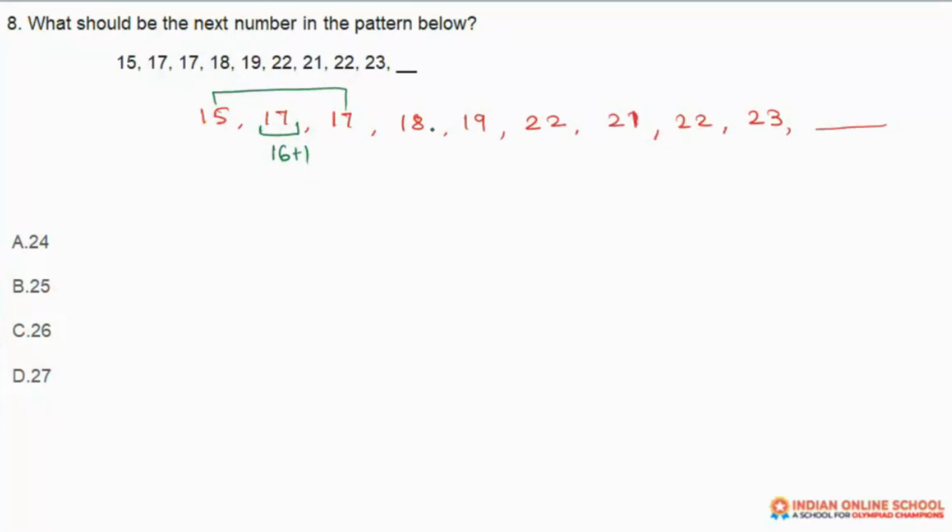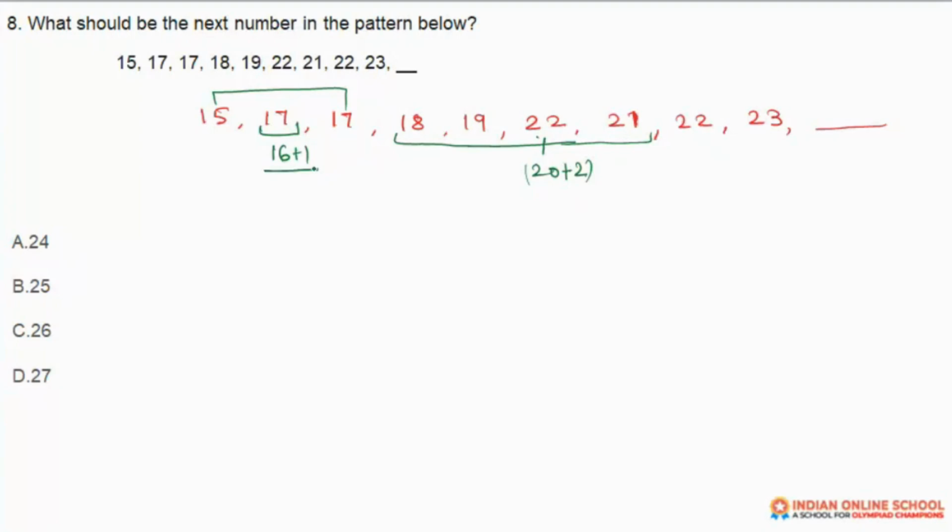And in the next sequence, 18, 19, 20, 21 should be there. Correct. And instead of 20, they have written 22, which means they added 2 this time.